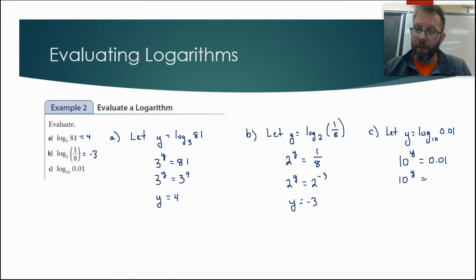Maybe you might find it helpful to rewrite 0.01 as 1 over 100 because that makes it more clear what power of 10 that is. 10 to the power of y, that's 10 to the power of negative 2. So y equals negative 2. Log base 10 of 0.01 is equal to negative 2.